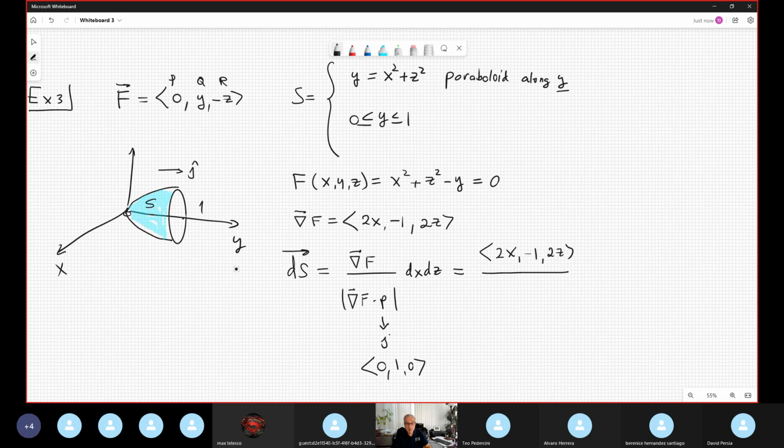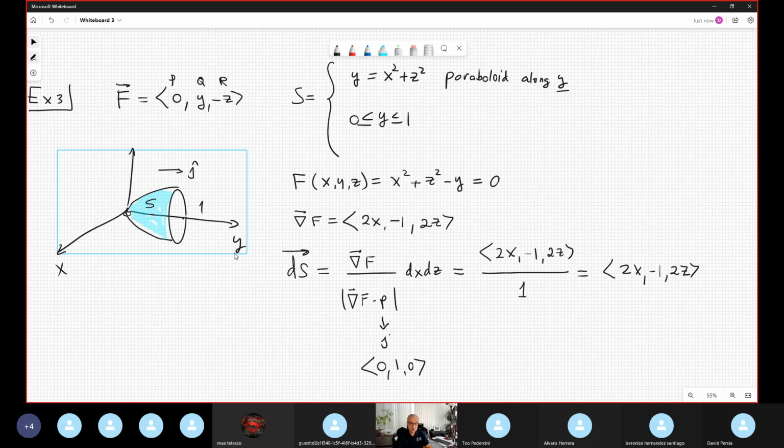It's obvious that the only one that stays alive is -1, because 0 times this is 0, 1 times -1 is -1, and 0 times 0 is 0. But you find the magnitude, the absolute value is 1. The dS coincides perfectly in this case with the gradient. Cool. See, it's like that: (2x, -1, 2z).